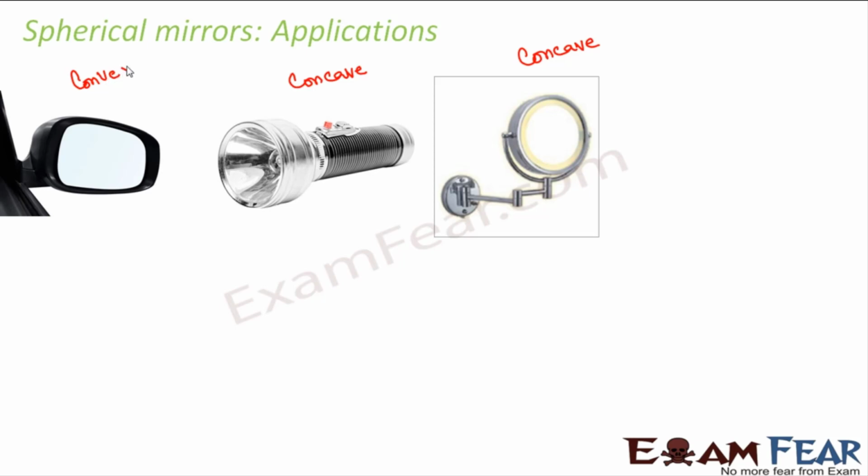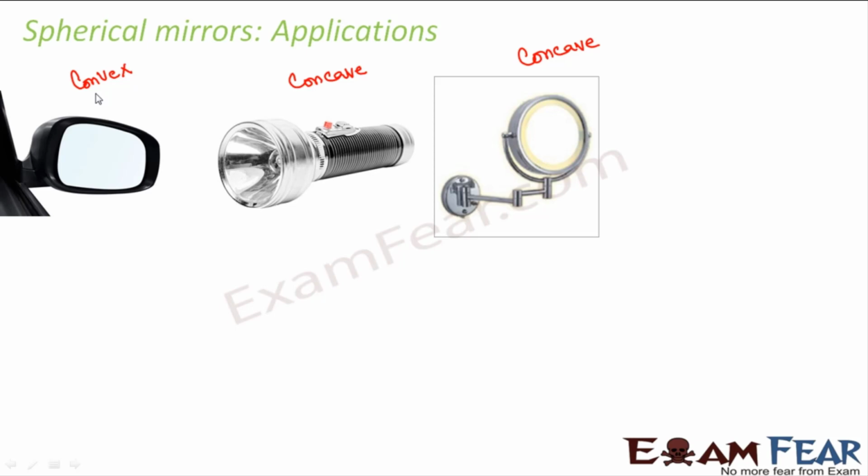Convex mirror. Now you might say that in the case of a concave mirror also we got diminished images, but in that case we got diminished images only for certain object locations, right? Only when the object was located at infinity, or when the object was located far beyond the center of curvature, only then we got diminished images. But if the object was quite close to the mirror, we got enlarged images.